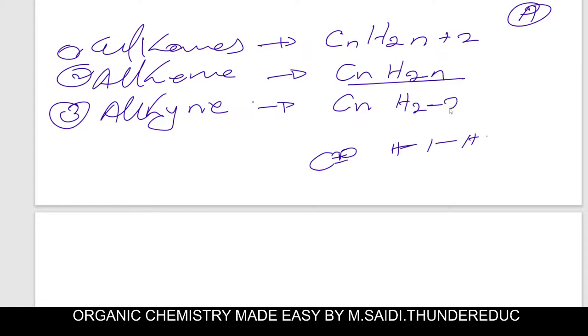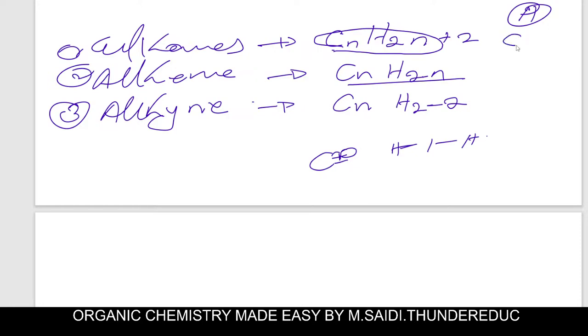That's why we subtract the 2. So basically, all organic molecules start with the general formula of this. We added 2 because of the 2 hydrogens added there, and for the double bond on the 2 carbon atoms, that is scooped out.